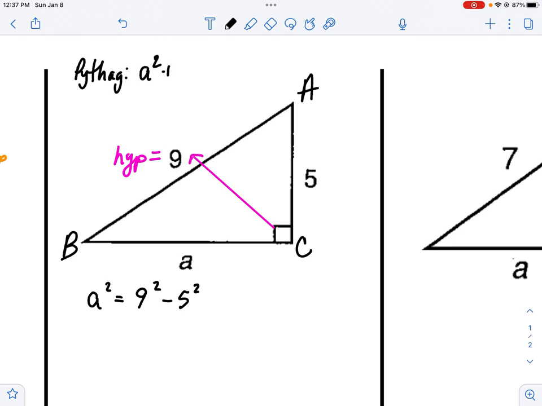Is A squared plus B squared equals C squared, or in this case, A squared equals C squared minus B squared.